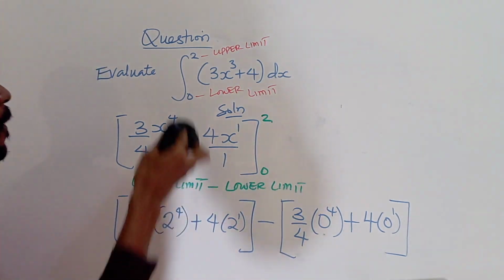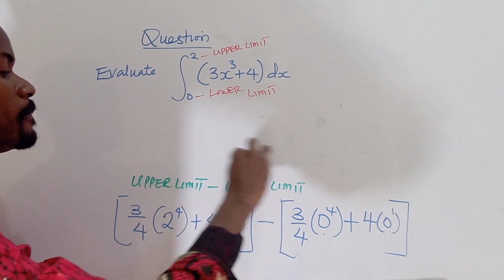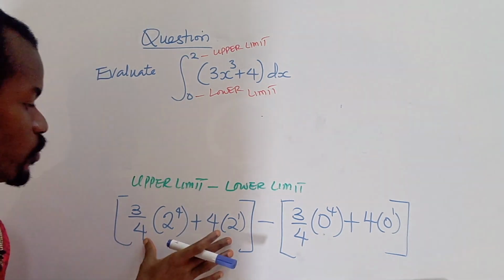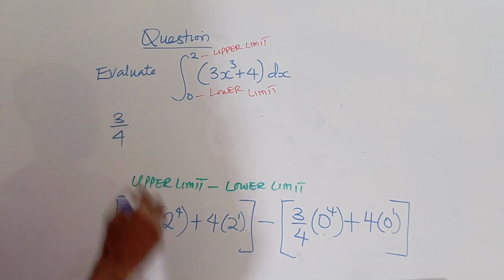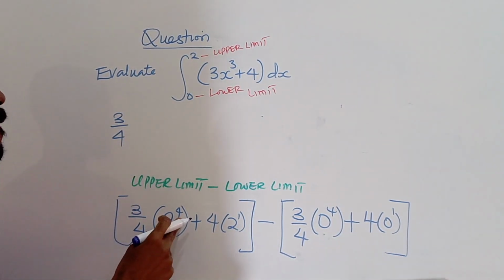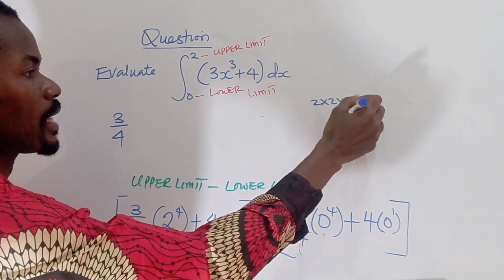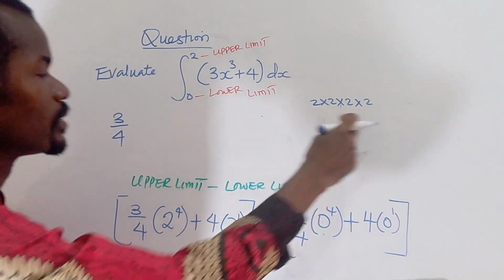Now let's simplify further. My upper limit: I have 3 over 4, and 2 raised to the power of 4 means 2 times 2 times 2 times 2. 2 times 2 is 4, times 2 is 8, times 2 is 16.